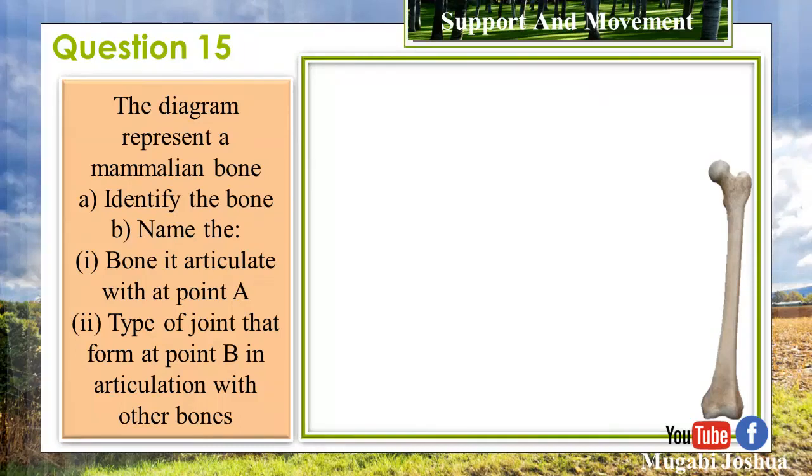Question 15. The diagram represents a mammalian bone. Part A. Identify the bone. When you look at that bone, it is a femur bone. Then part B, Roman 1.